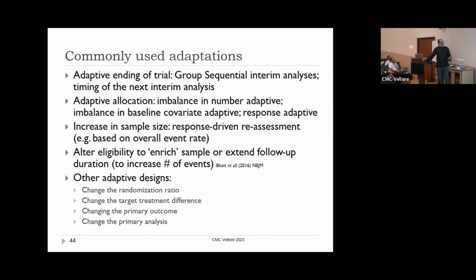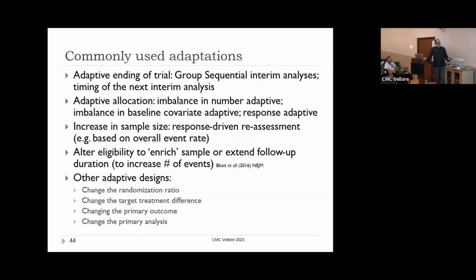And we talked about increase in sample size. Usually we base it on the overall event rate, not on the difference in event rate between the two arms. Because if you base it on the difference, then that informs the investigator of what's happening. So if you do it on the overall combined event rate, it's okay, because then they don't get unblinded.